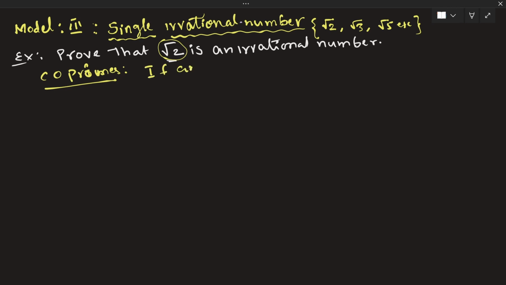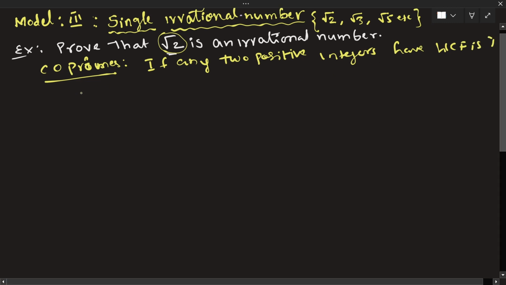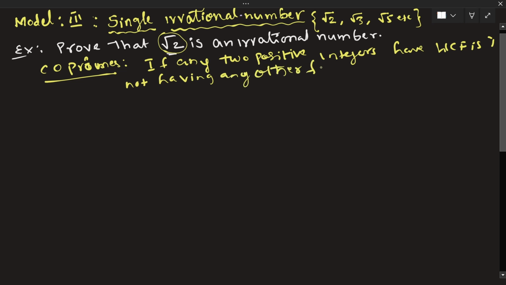If any two positive integers have HCF 1, it means the two numbers do not have any other factor than 1.